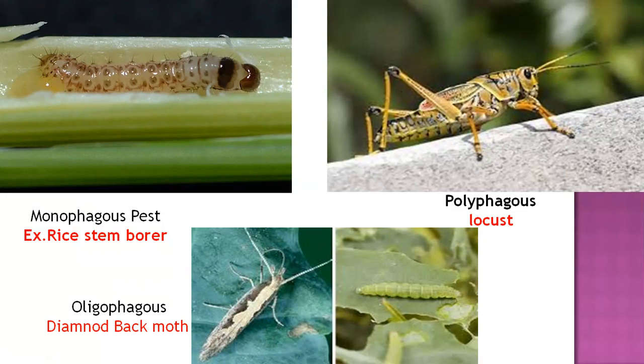Even forests, aesthetic plants, and agricultural crops are totally fed upon by this locust insect, so it comes under polyphagous. The third one is what I said previously, oligophagous. The example is on cabbage: this is an adult, and this is a larva of the diamondback moth. This is an important pest, and also a quarantine pest attacking cabbage.